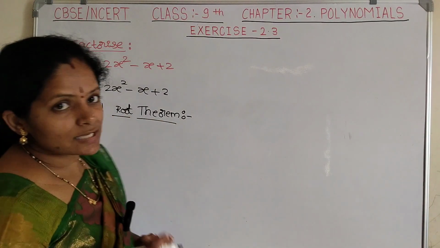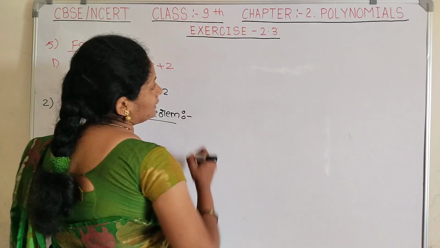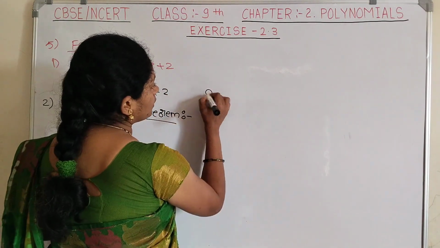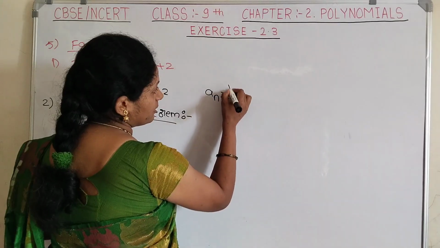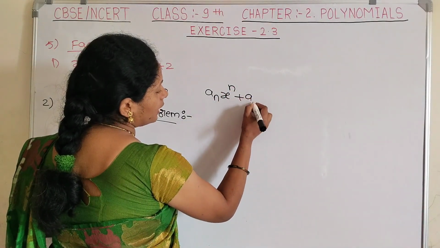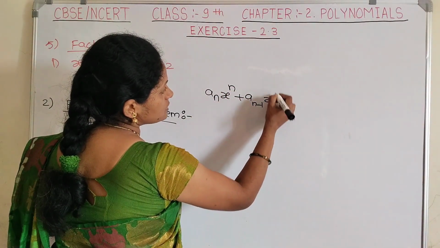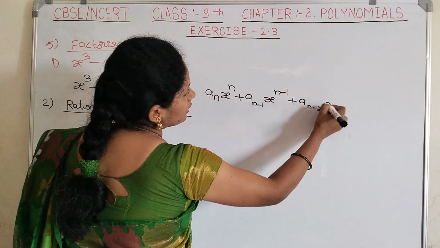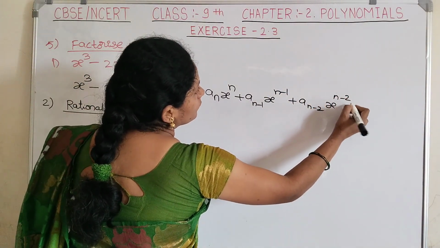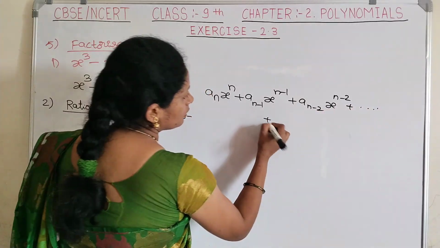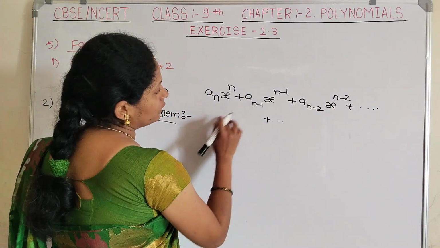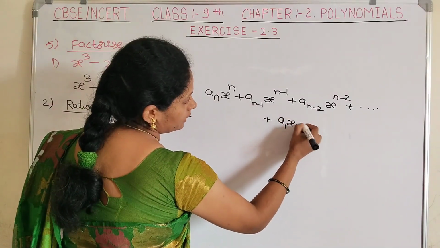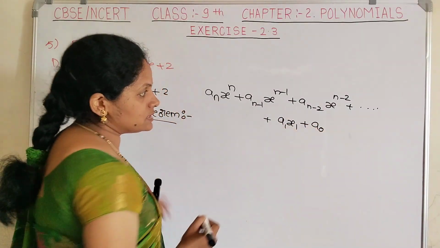The rational root theorem says that, let us take a polynomial of power n: an x to the power n plus an minus 1 x to the power n minus 1 plus an minus 2 x to the power n minus 2 and so on, which can be continued till a1 x plus a0.